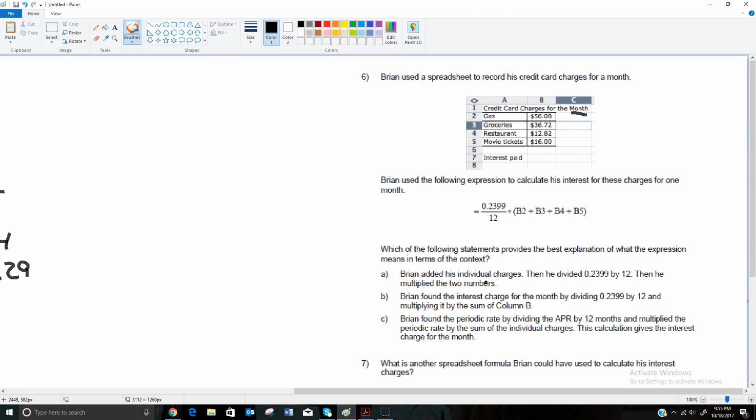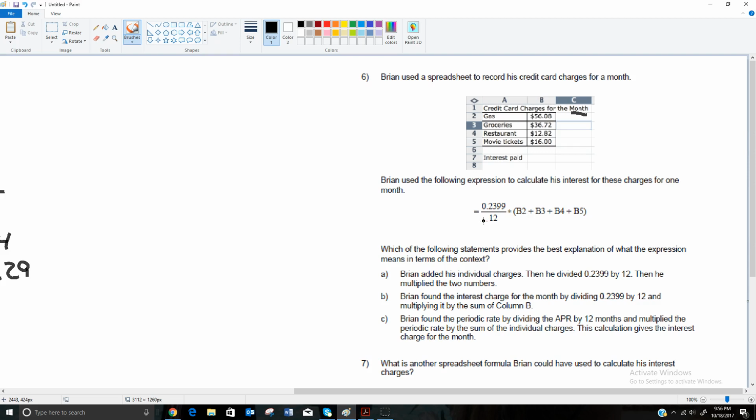Brian added his individual charges, then he divided 0.2399 by 12, then he multiplied the two numbers. That seems reasonable. We add these up, divide that by 12, and then multiply. Let's see if there's a better way to say it. This says Brian found the interest charge for the month by dividing 0.2399 by 12 and multiplying it by the sum of column B. Now that seems to make more sense to me because the first one seems backwards.